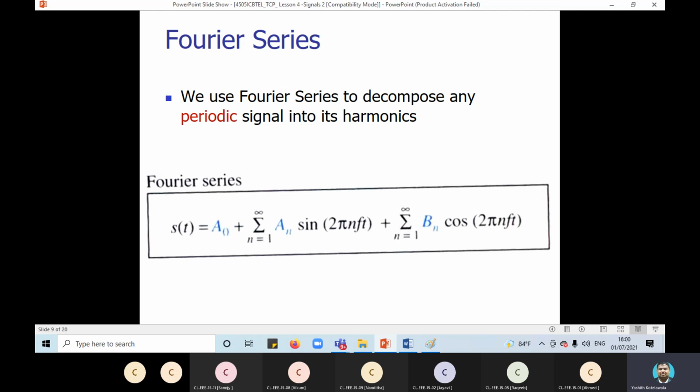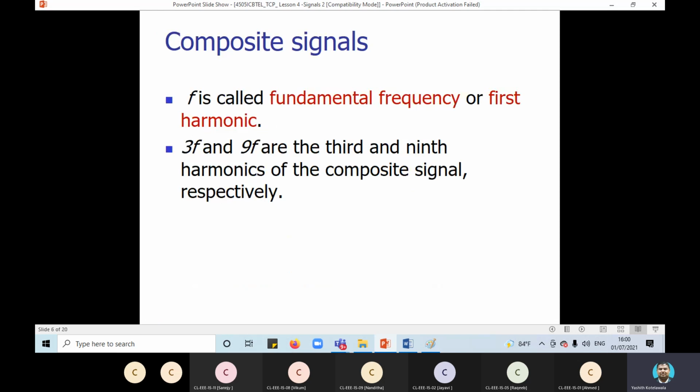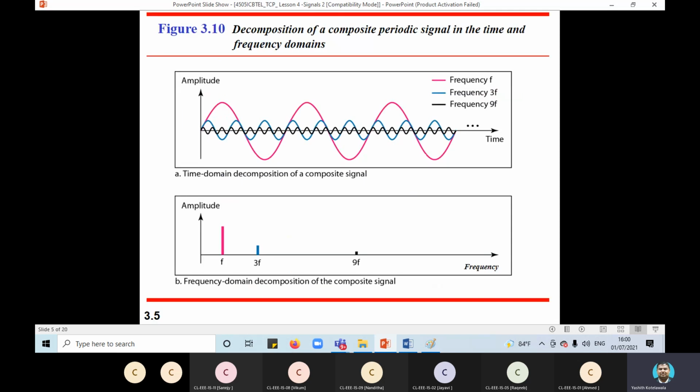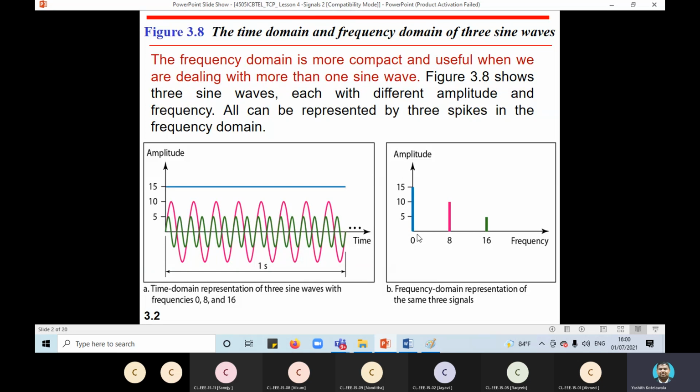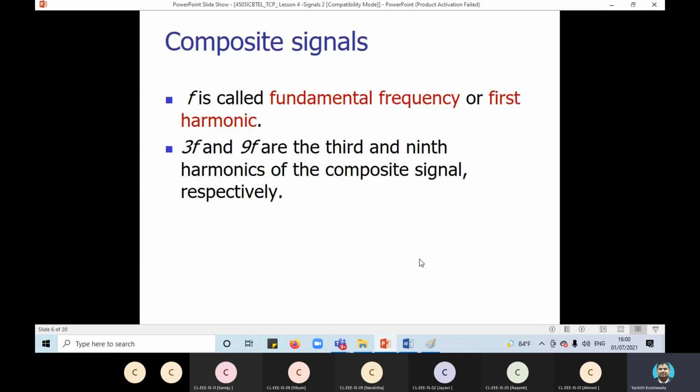So what is A0? Are you with me? A0 is the direct current component. Assume that you have a direct current component working with your combination of simple sinusoidal signals, that has to also be taken into consideration.